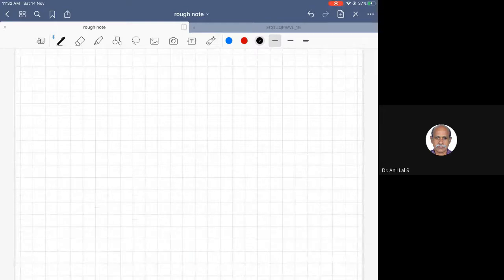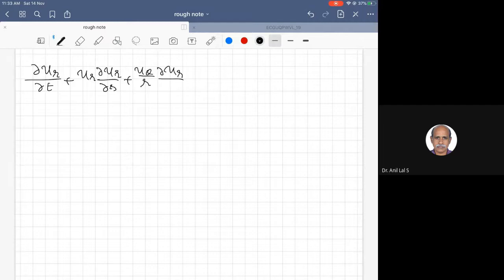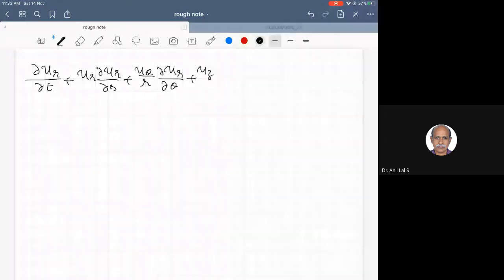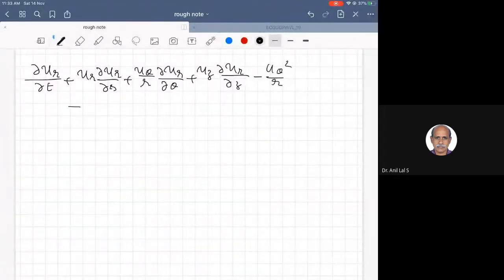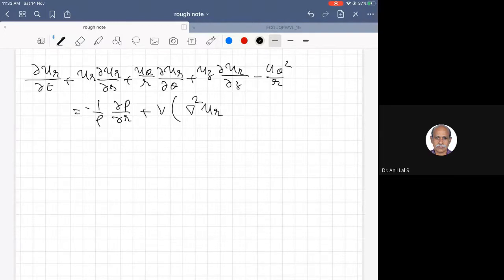Here I will write down the radial momentum equation: dou ur by dou t plus ur dou ur by dou r plus u theta by r dou ur by dou theta plus uz dou ur by dou z minus u theta squared by r is equal to minus 1 by rho dou p by dou r plus mu into the Laplacian of ur minus ur by r squared minus 2 by r squared dou u theta by dou theta.